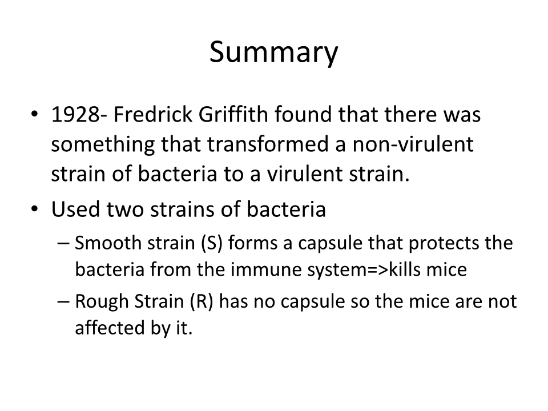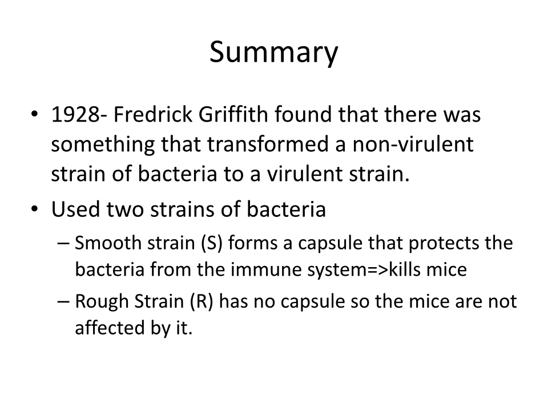The 2 strains he used were the same, except that one had a gene that allowed it to make a capsid, or a protective coating around it, and that was the smooth strain. The capsule protected the bacteria from the mouse immune system, so the bacteria could cause pneumonia and then kill the mice.